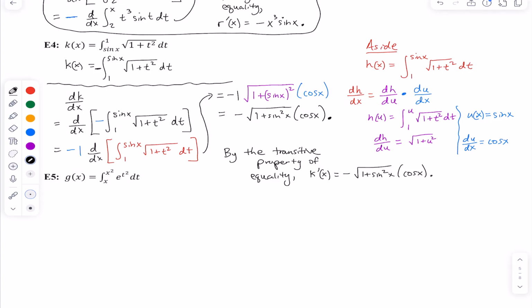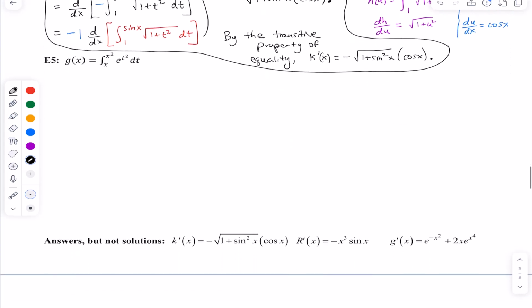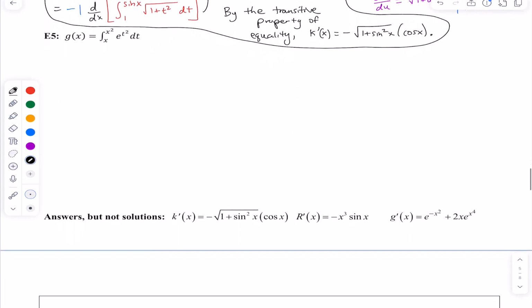Let's look at one more example to get a better understanding of this fundamental theorem of calculus part 1. We have a function here, but it is very hard to depict. The interval is going from x to x squared.